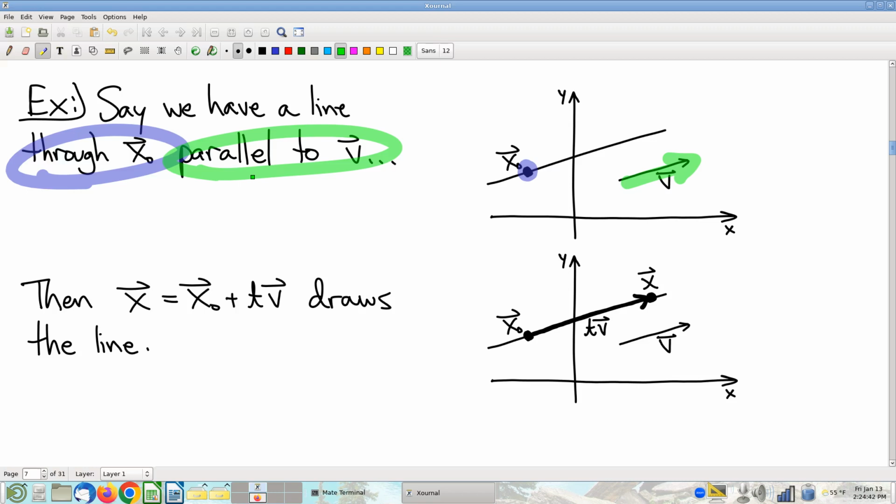The big idea here is to note that every point on the line can be thought of as a sum of that given point, and then not the vector you were given, but something that is parallel to the vector that you were given.